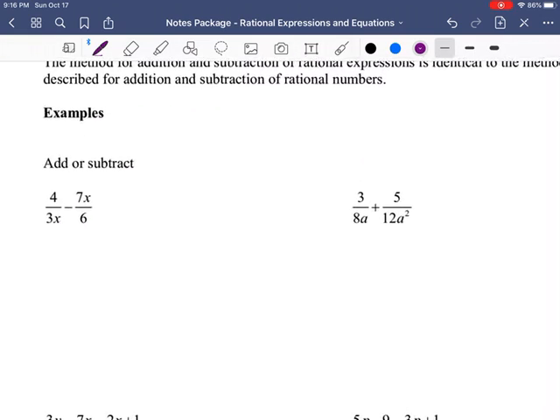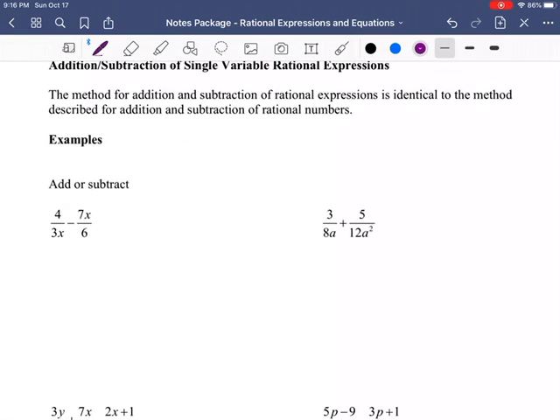What happens if we don't have the same denominator? On the left here, we've got 3x as the denominator, and on the right, we've got 6, not the same. So we need to figure out the lowest common denominator of 3x and 6. 3x, if you double that, you get 6x. If you triple it, you would get 9x.